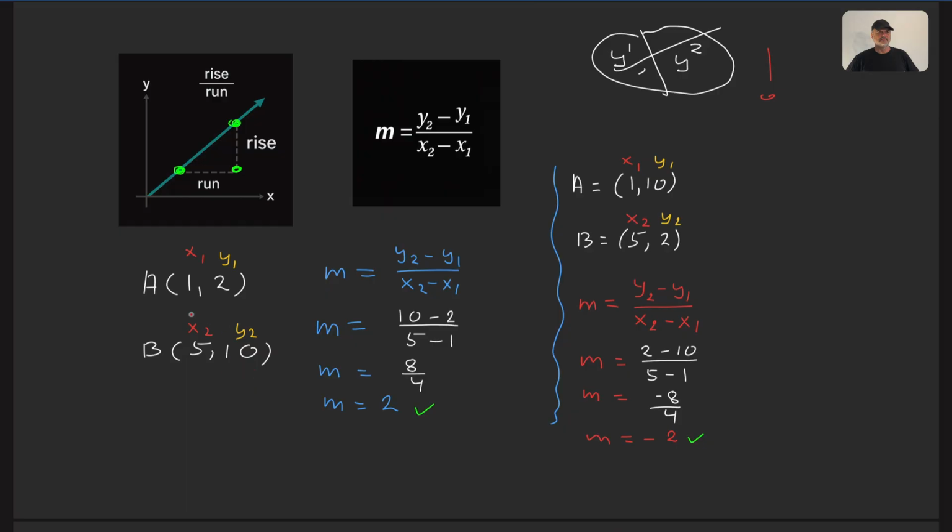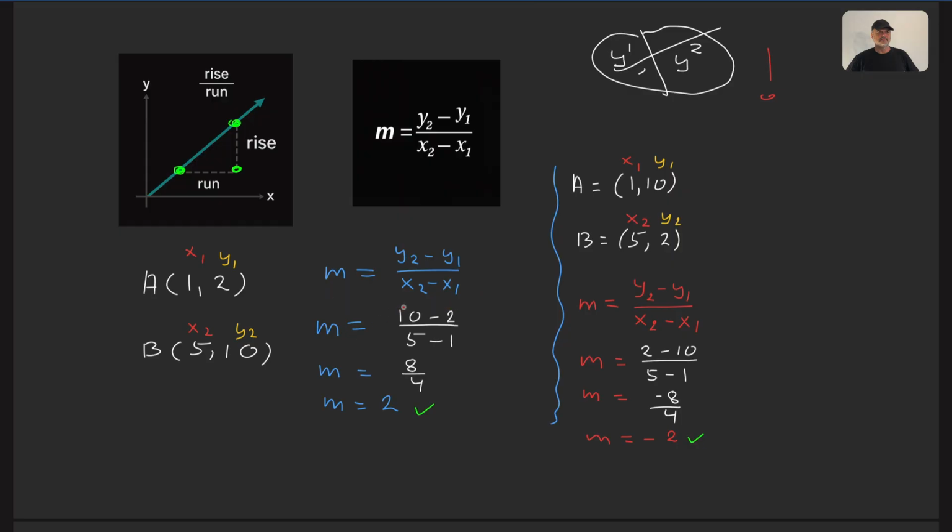Knowing that you have labeled and organized your coordinates, you can proceed to the formula and use it the way you have labeled the coordinates of your points. So the first thing you always do is label coordinates, and then you proceed with the application of the slope formula.